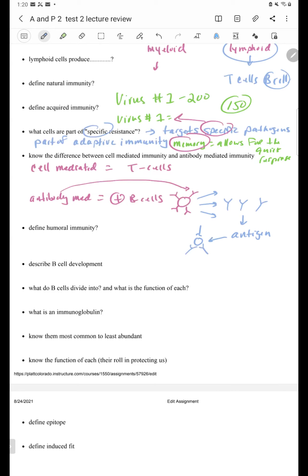So that's antibody mediated. T cells don't have the antibodies, but what they do have is direct destruction, or direct destruction via the chemicals.